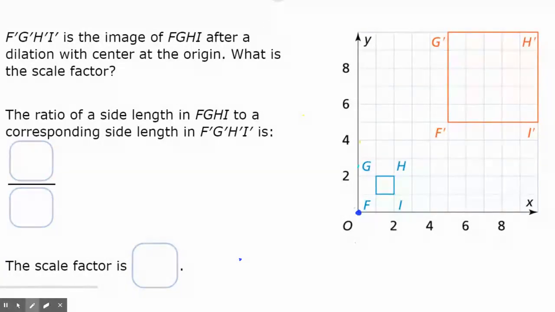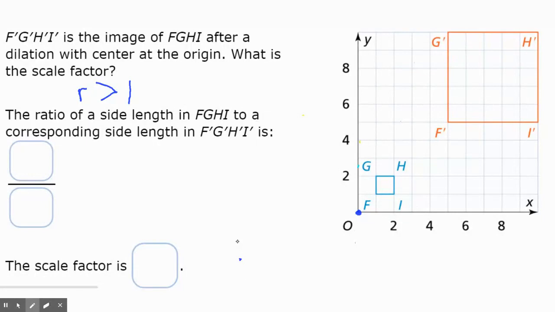So we have, it's getting larger. Okay, so we know the scale factor is going to be greater than 1. So R, which is our scale factor, is greater than 1 because our image is larger than our pre-image.